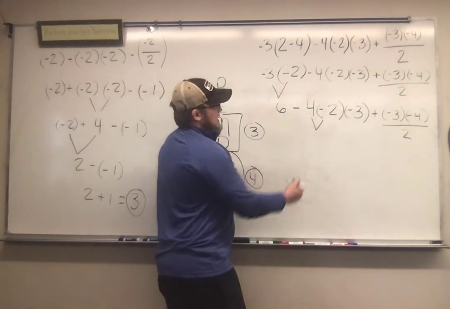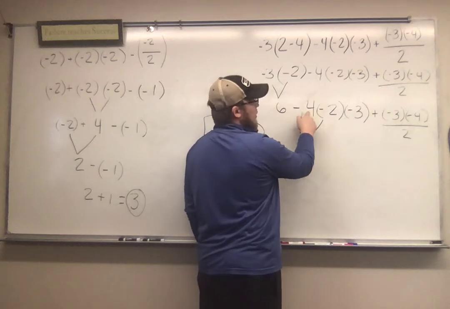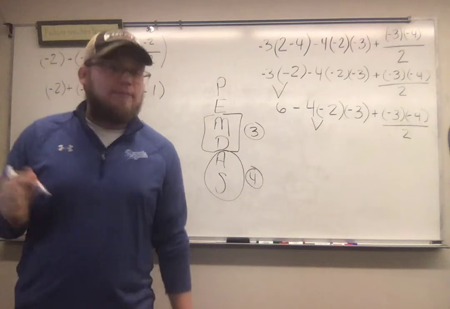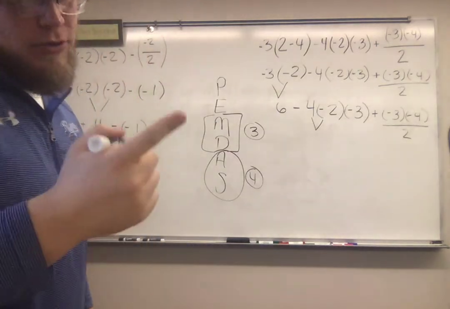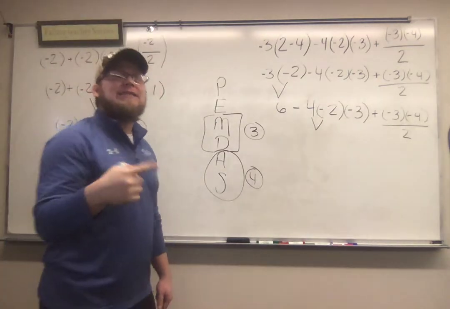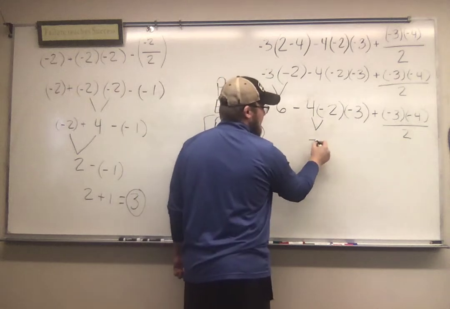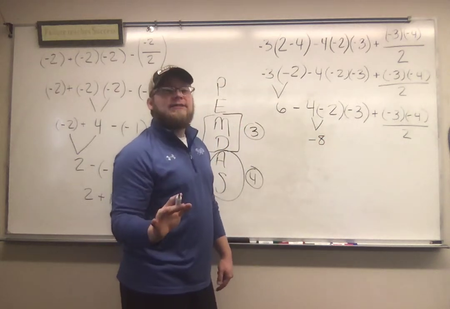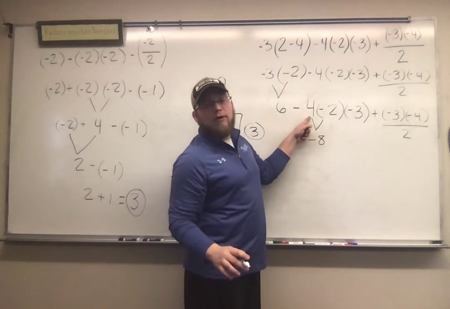So I'm going to look at that as just a 4. So I have 4 times negative 2. There's only one negative, so it needs to be negative 8 as my answer. Now, remember what I said. I'm going to look at this as a 4.